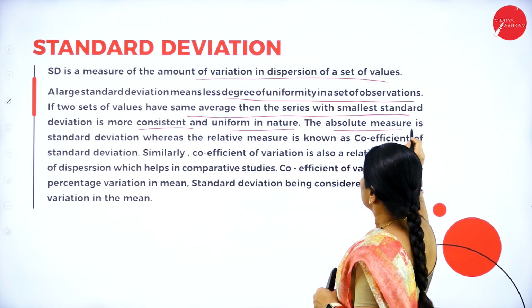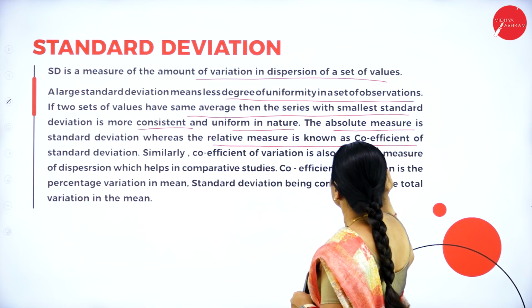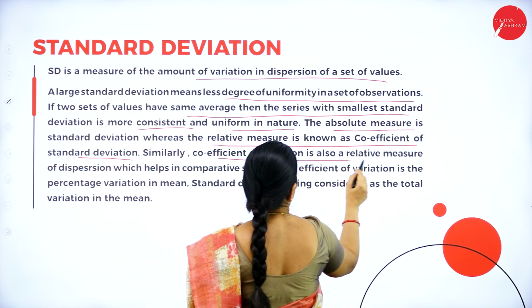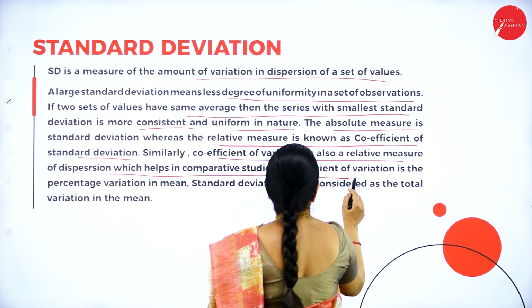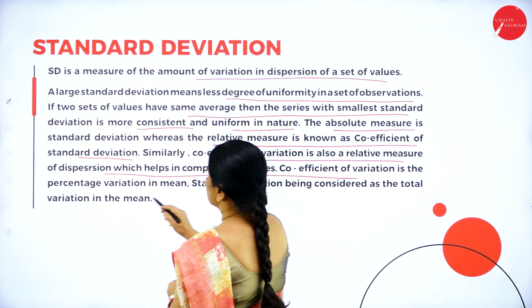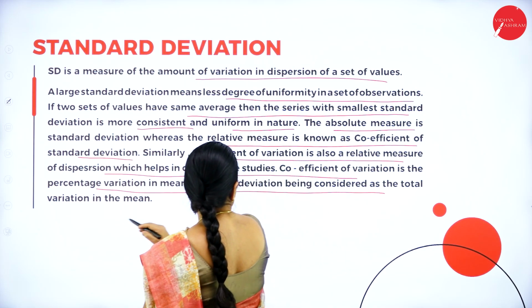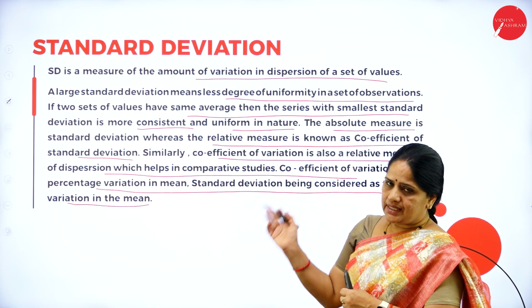The absolute measure is the standard deviation, whereas the relative measure is known as the coefficient of standard deviation. The coefficient of variation is also a relative measure of dispersion which helps in comparative studies. Coefficient of variation is the percentage variation in the mean, standard deviation being considered as the total variation in the mean. So in measures of dispersion, we have two methods, the absolute measure and the relative measure.